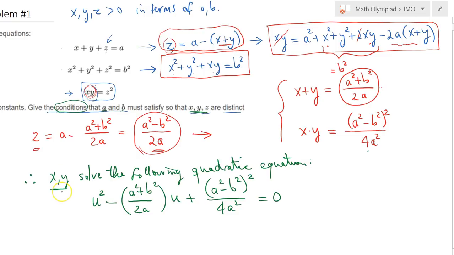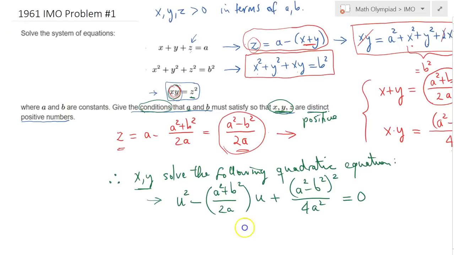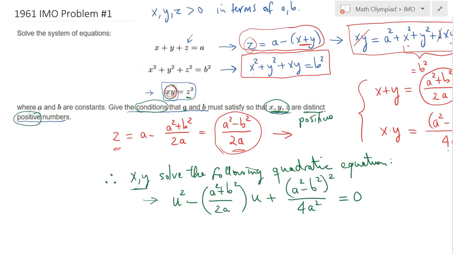By the way, this is a good enough algorithm, right? Obviously, it's easy to solve this one for x and y. Once you know x and y, you can substitute and find z. But we don't want any imaginary roots. We want x, y, z to be distinct positive. That's important. The question reads distinct positive numbers.